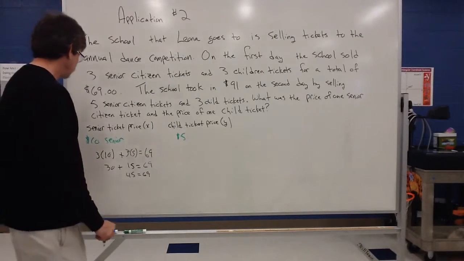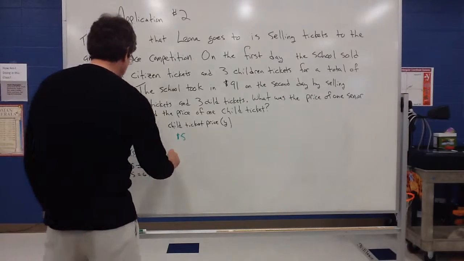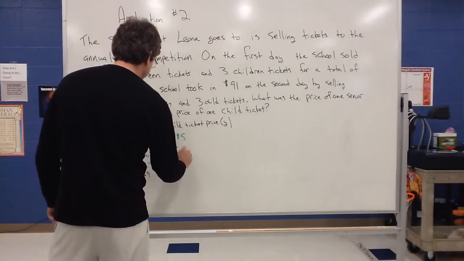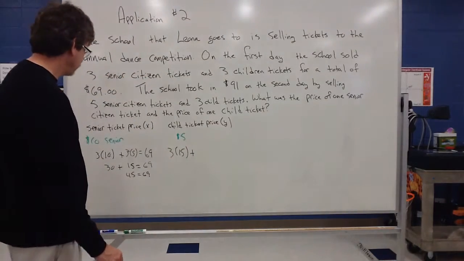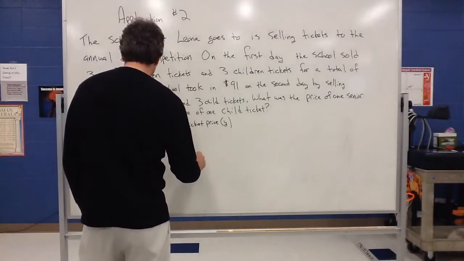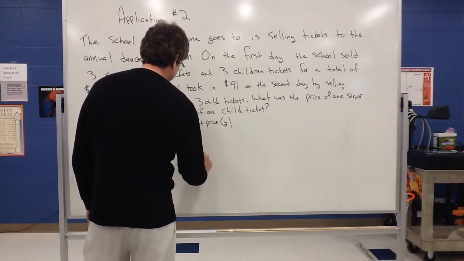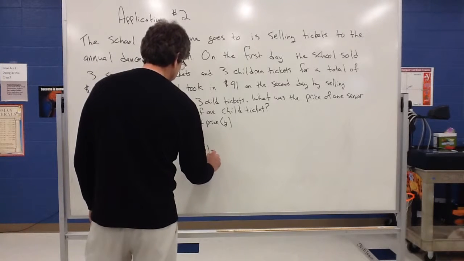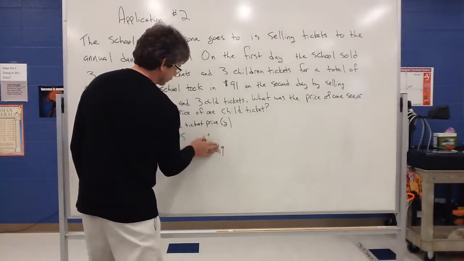Let's say the senior ticket was maybe $15. So 3 times 15. That's already up to 45. Let's say the child was maybe $7. 3 times 7. Does that equal 69?